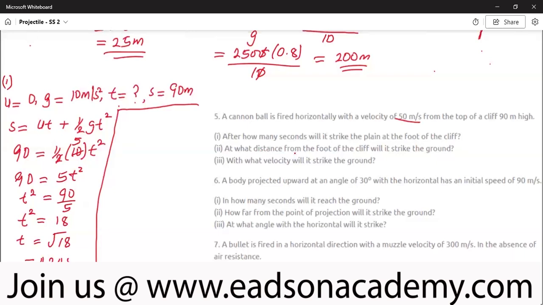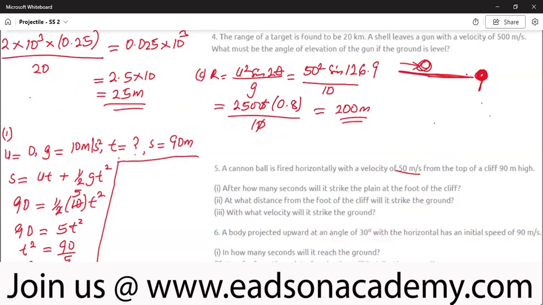Then question 2. You say, at what distance from the foot of the cliff will it strike the ground? Now, let me draw something to drive my point home. This is our cliff, and if this thing is just released from the height of the cliff down, it will likely land at the foot of the cliff.